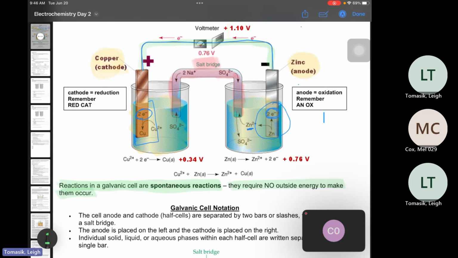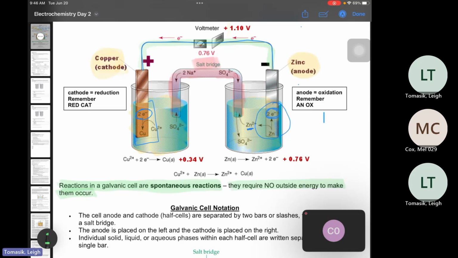Of course not, because if you needed energy to make your battery run, it wouldn't be a very good battery. Batteries are supposed to give us energy, not take energy from us. So we have to create our batteries so that the reactions are spontaneous, so that when we want to use our device, we complete the circuit and electricity will flow and we will have power.